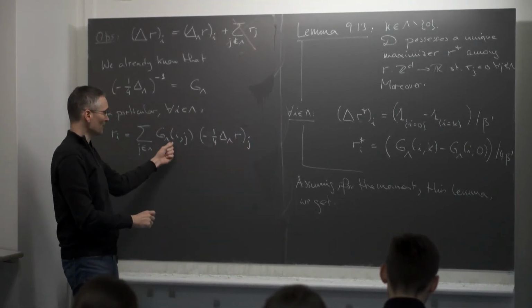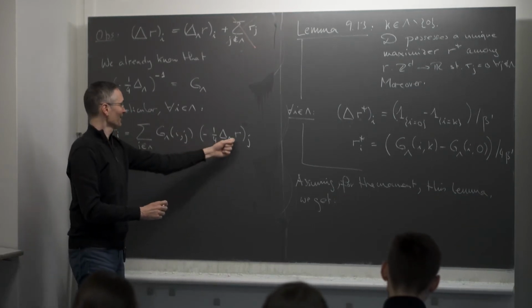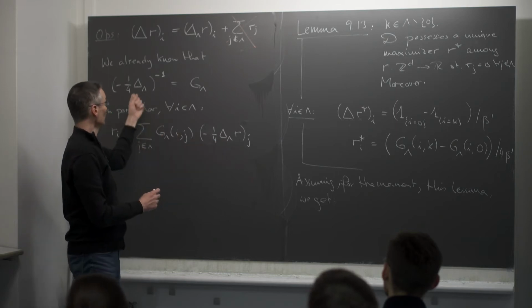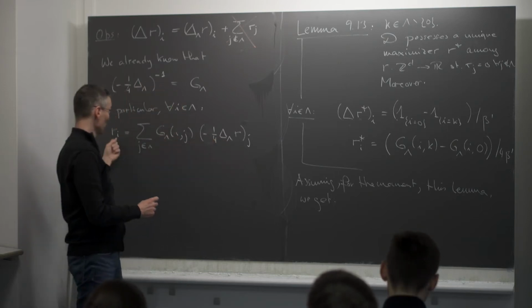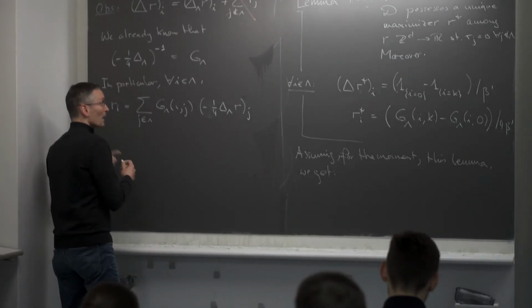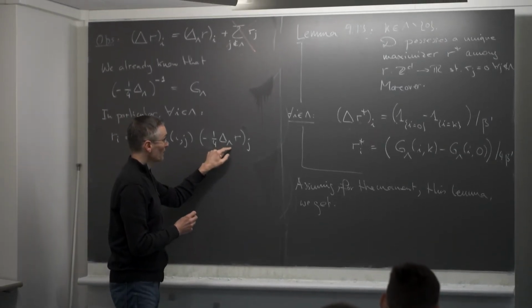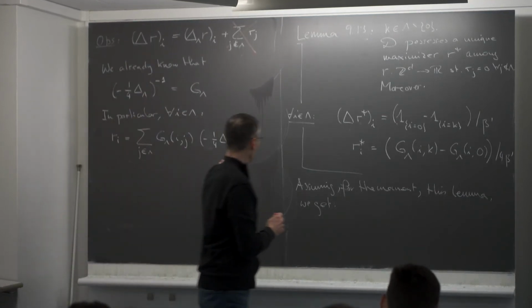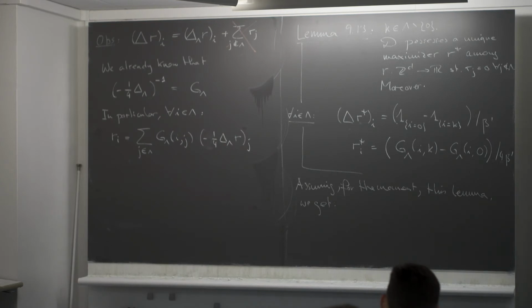Okay, I'm just applying this matrix to this vector, and since G and minus 1/4 Laplacian lambda are inverse of each other, this just gives me Ri. Okay. Now I'm using the fact that the Laplacian inside lambda of R is the same thing as the Laplacian of R, and we already know that the Laplacian of R satisfies this. Okay.